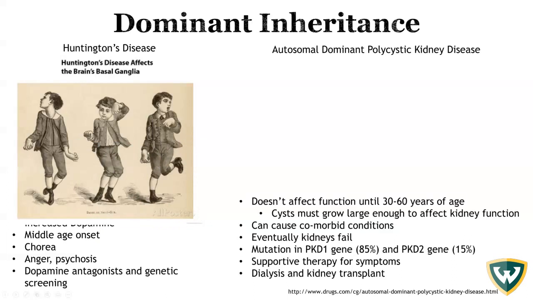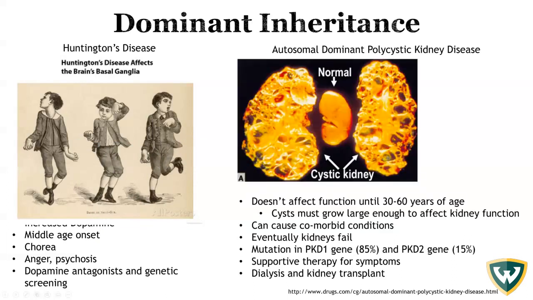Another example is autosomal dominant polycystic kidney disease. What basically that is, you have a normal kidney here, right? But in polycystic kidney disease, you have a bunch of holes in your kidneys. And what that causes is it makes it look like a sponge. And when you have a spongy kidney, it can't do very well.